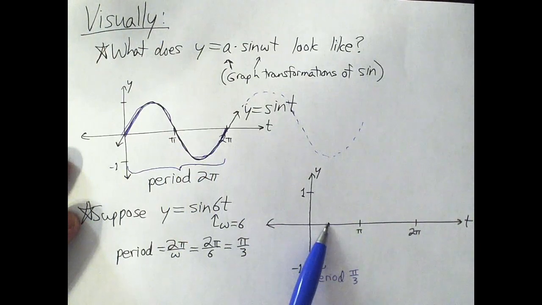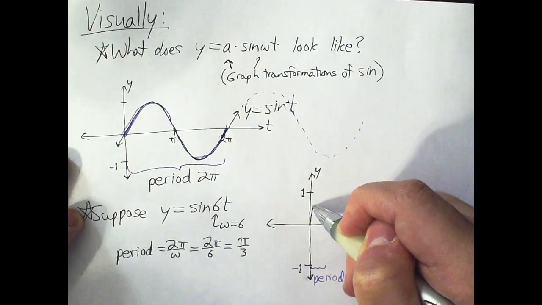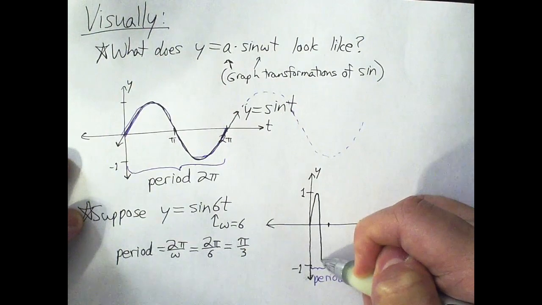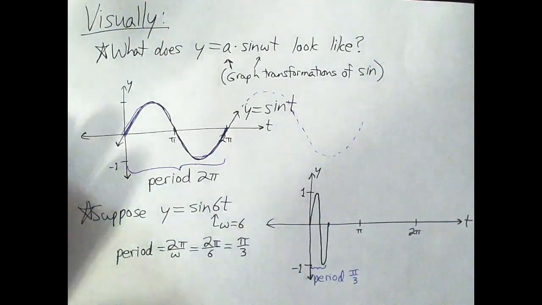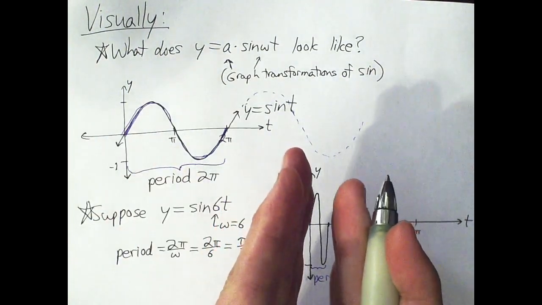The period is now very small. So I'm going to try to draw that. Up, down, up. We've taken the picture and we've squished it, right? A lot.